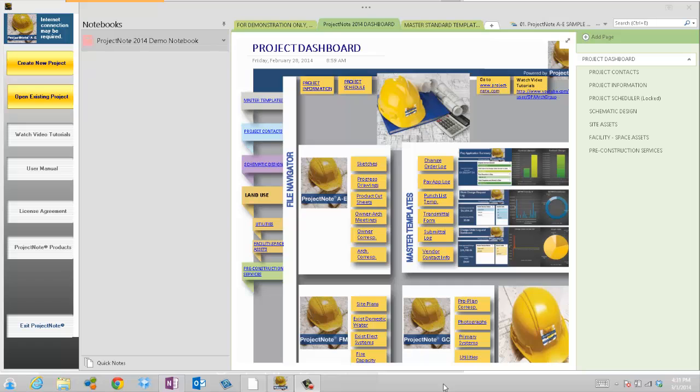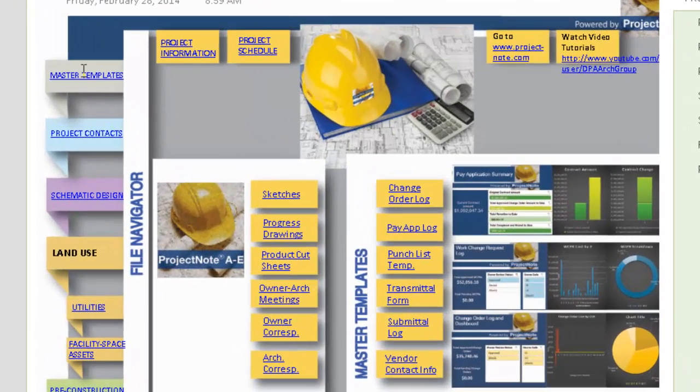The demo project dashboard is a greatly reduced file dashboard and navigator from the original ProjectNote products. But it'll give you a great idea how things work. The dashboard's composed of three main areas. The left-hand column, which is the file navigator.